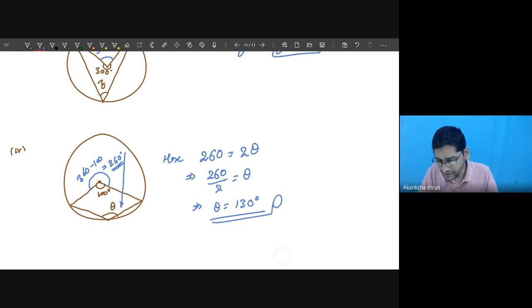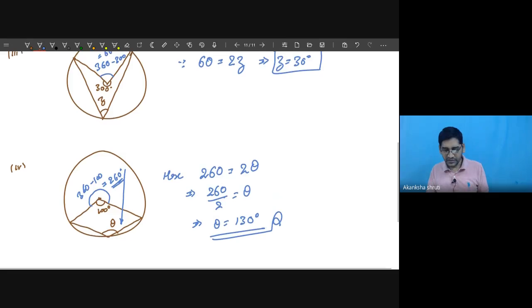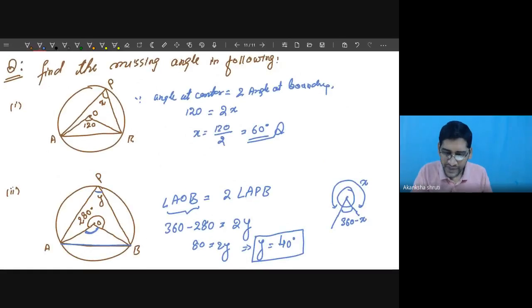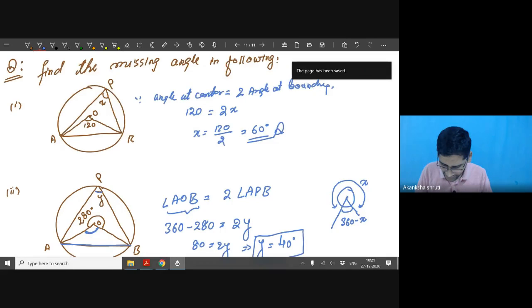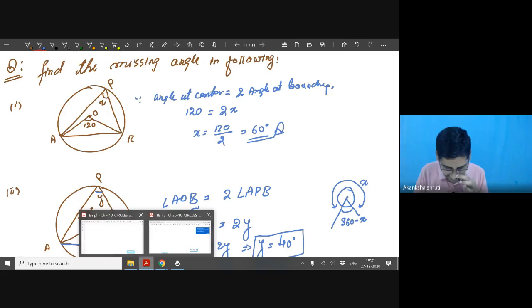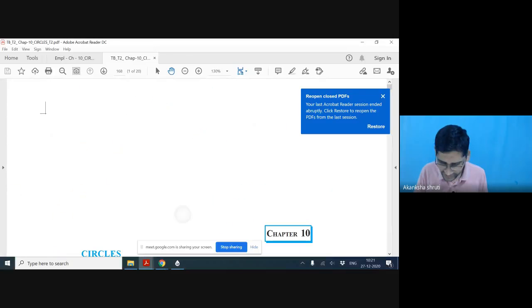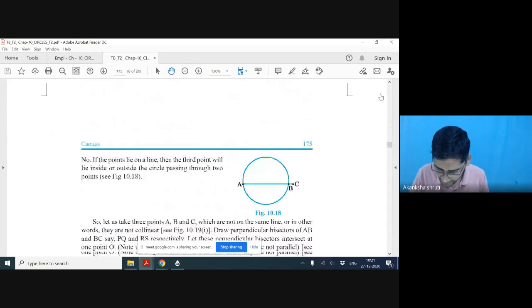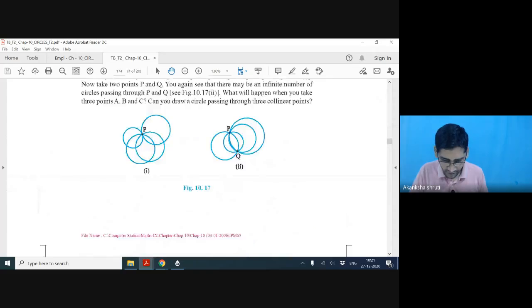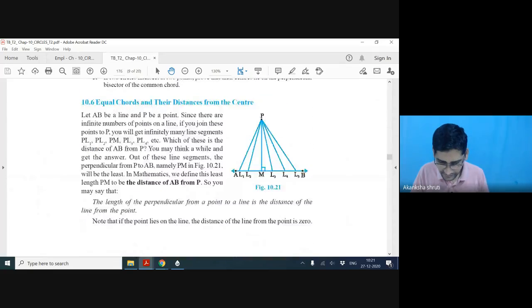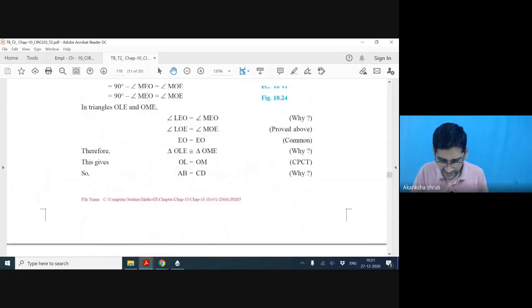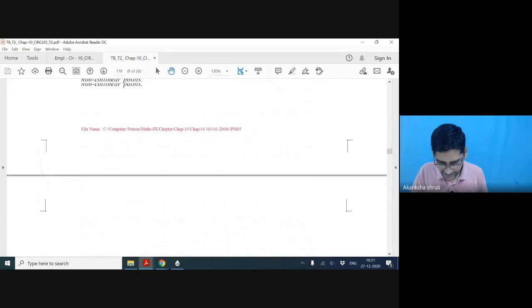So we have learned the very important theorem and important concept of calculating the angles. Based on this, the questions are framed, and those questions are very important for you. Students, let us take our textbook questions. I hope you can do the exercise. See, all these things I had explained yesterday. One entire exercise is there.